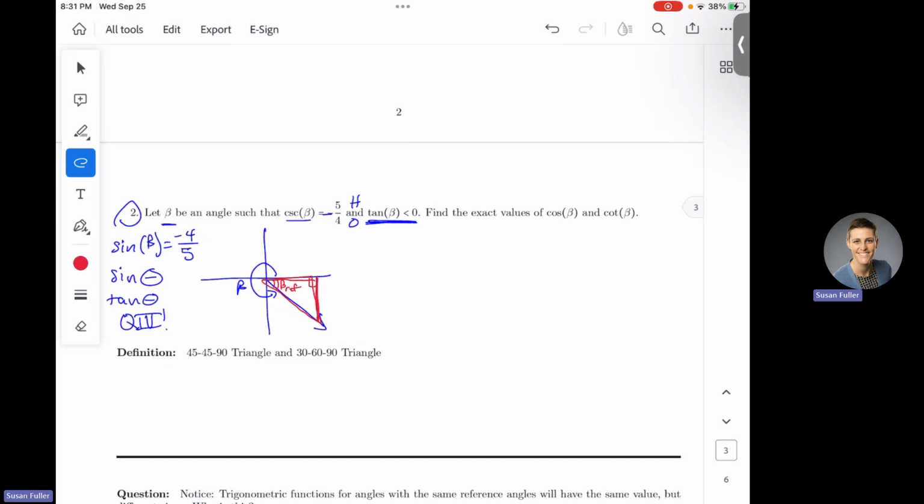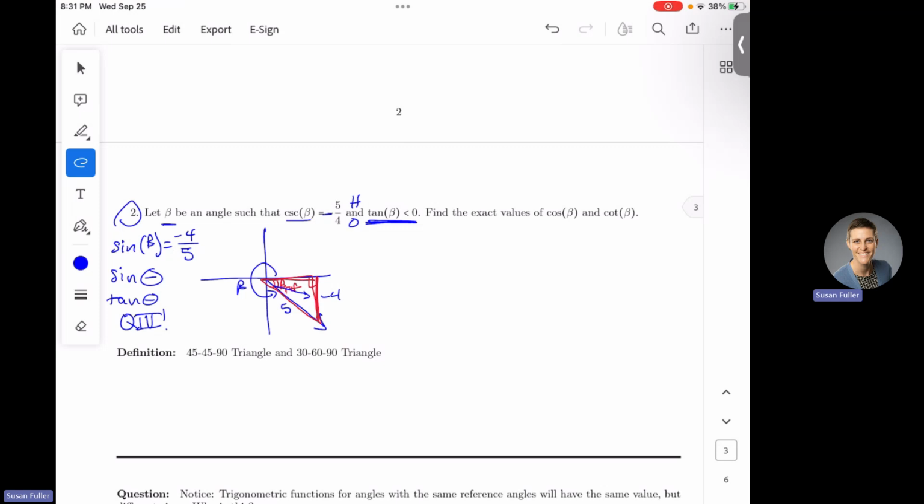And beta ref, my reference angle here, is going to be my point of reference. So I know that my opposite side is negative 4 and my hypotenuse is positive 5. Here's the hypotenuse of my triangle, so that's +5. The opposite side from beta ref is over here. This one's going to be -4.